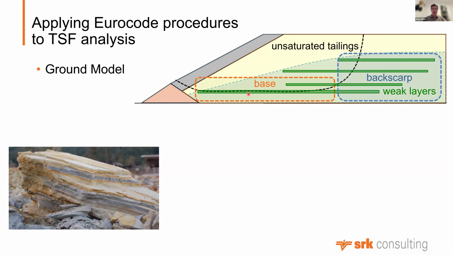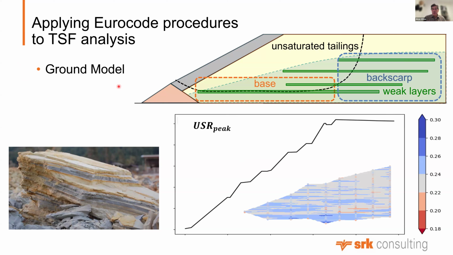So with the current methods and without developing anything very, very fancy, you are able to spot whether weak layers exist and where they are. But of course, you have to do a serious in situ testing campaign to be able to spot that.